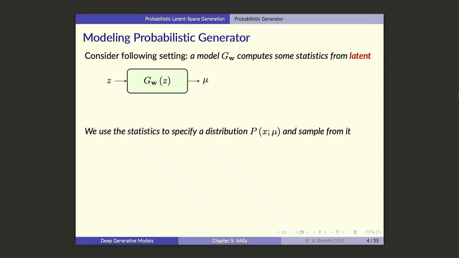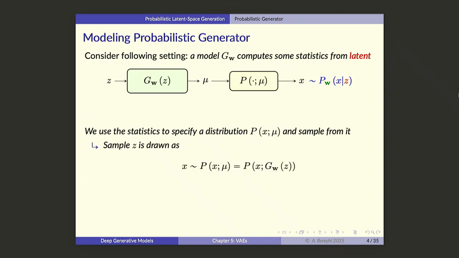And now I have a distribution on x, and I sample from that. Clear? So I'm going to take that mu and put it inside that distribution. It's going to give me one distribution. I can press the button and generate one random sample from that distribution. That output x still is coming from z, but it's not deterministically computed from that z.